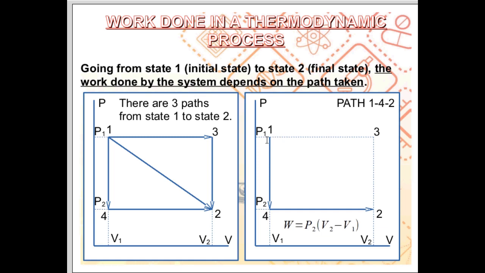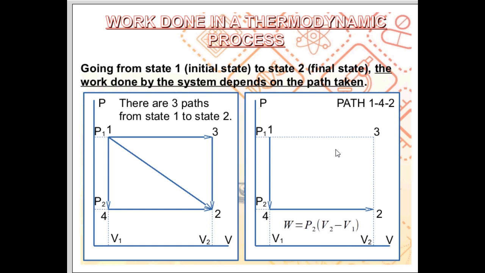The equation for work will give us work is equal to P2 times V2 minus V1. So from state 4 to final state 2, the work done by the system is P2 times V2 minus V1. Zero work done from 1 to 4. Total work done therefore is P2 times V2 minus V1.